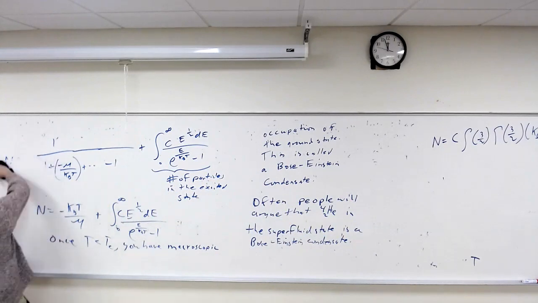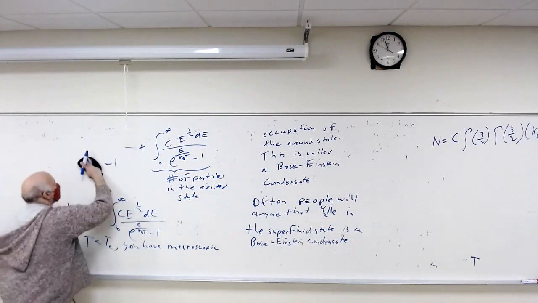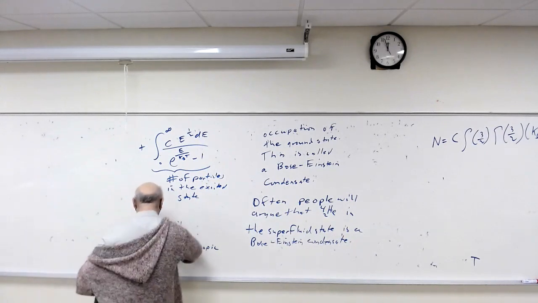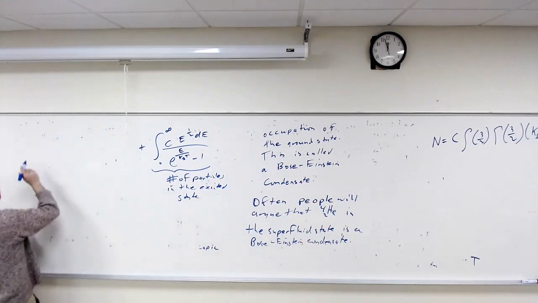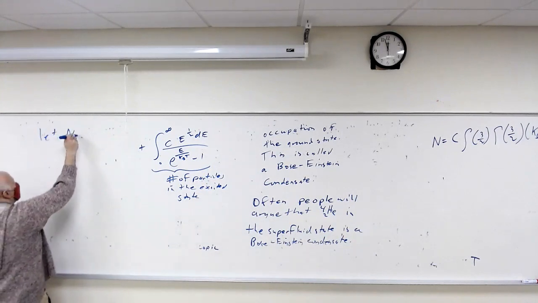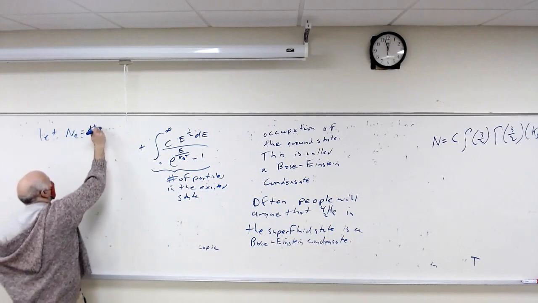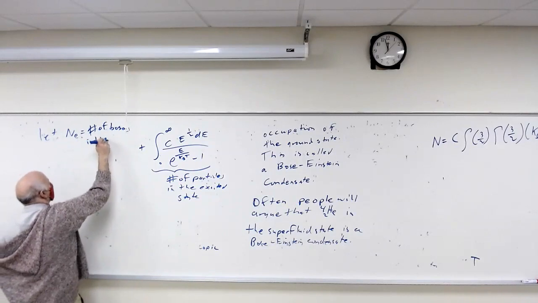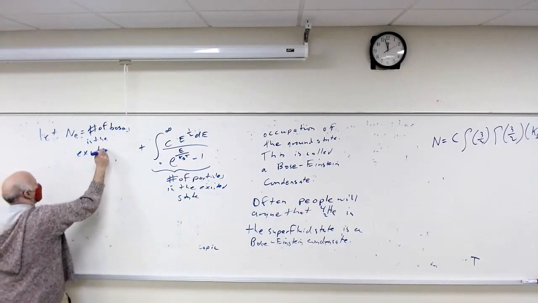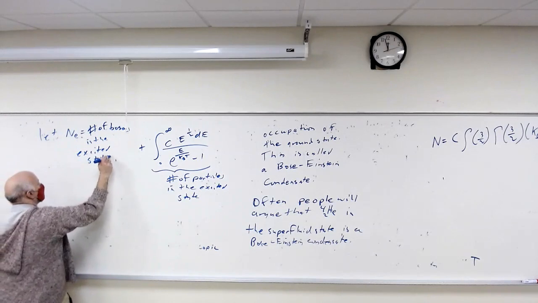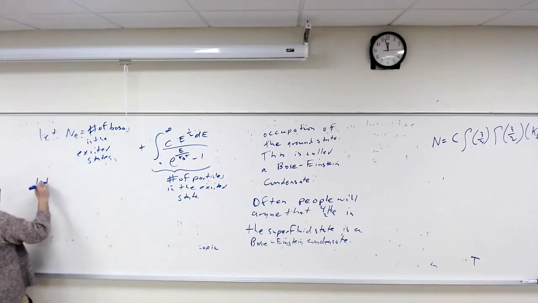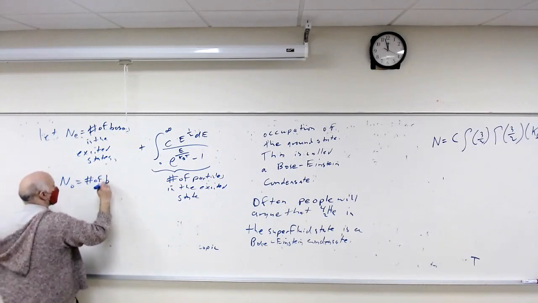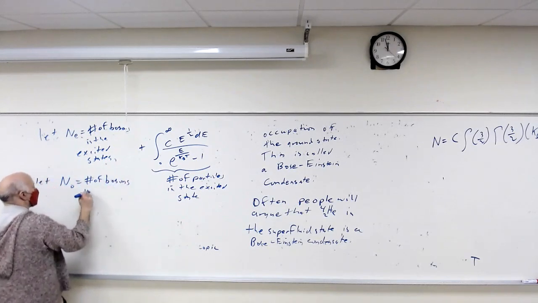Okay, so what I want to do is calculate the fractions here. Let's get the fractions down. So let n sub e equal the number of bosons in the excited state, and let n sub 0 equal the number of bosons in the ground state.